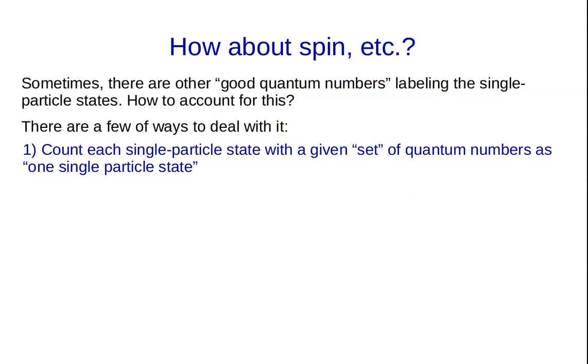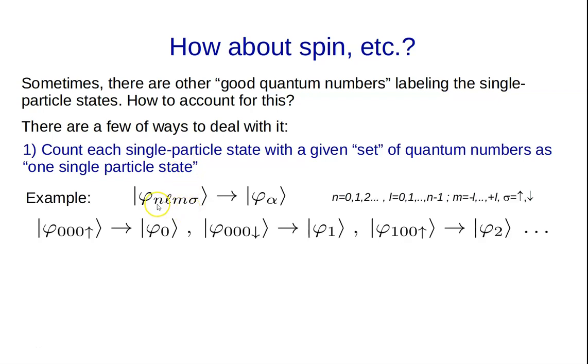So the rule is, there are a few ways to deal with it. One, which I consider to be more pedestrian and simple, is that you count a single particle state for every combination of quantum numbers. For instance, if you have a principal quantum number, angular momentum quantum number, z component of the angular momentum quantum number, and spin quantum number, you have four here.